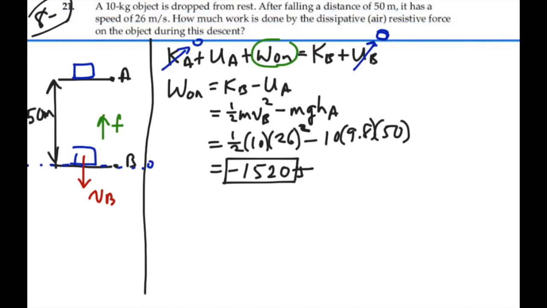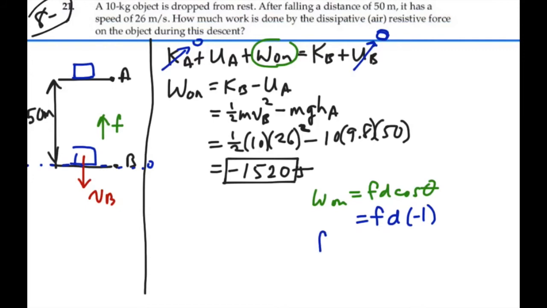If we wanted to, we could actually figure out what that air resistive force is, because we know that this work should equal the force times distance times the cosine of the angle between the two. With the resistive force going up and the displacement going down, this angle theta is going to be 180 degrees. So this is going to actually be equal to the resistive force times d times a -1, cosine of 180.